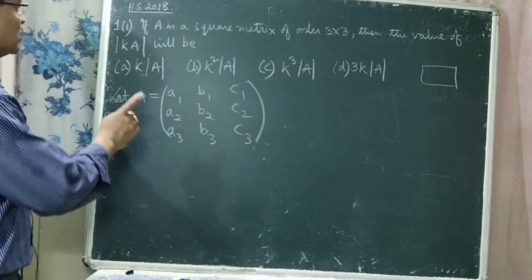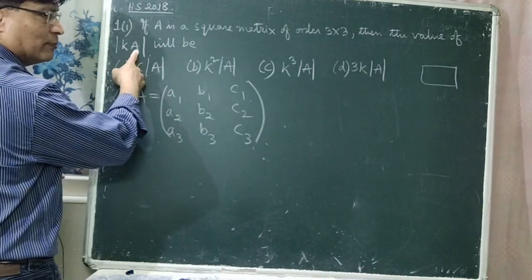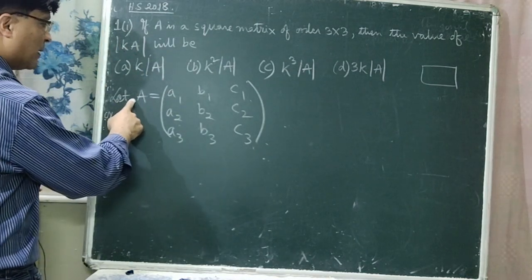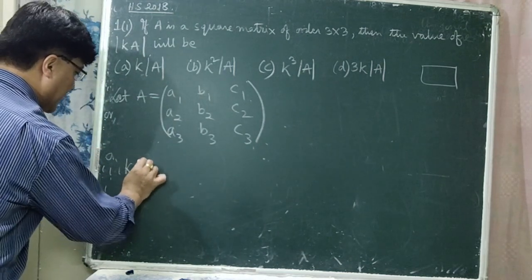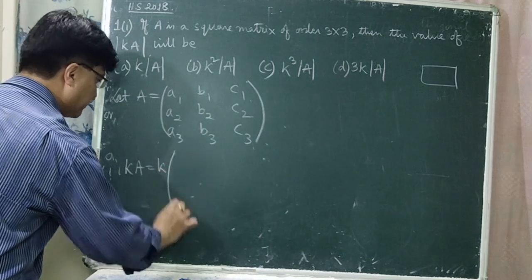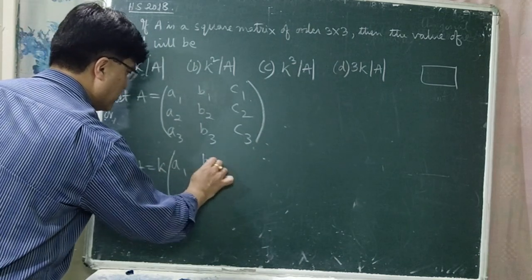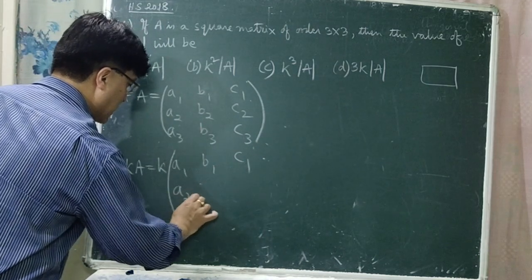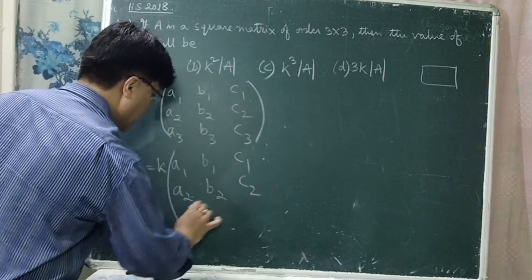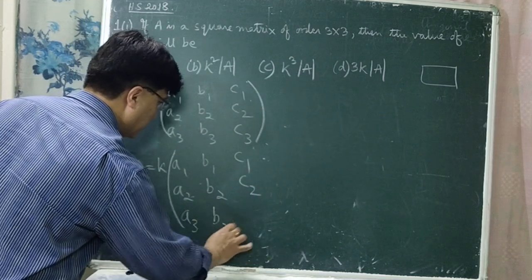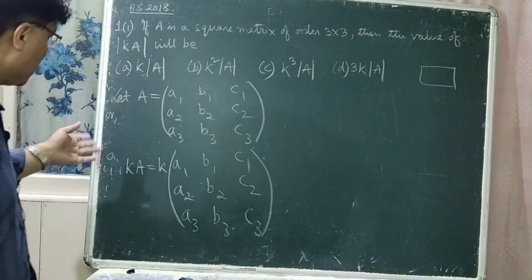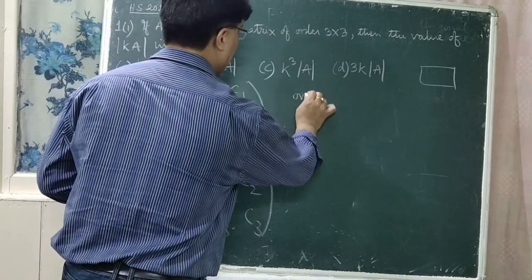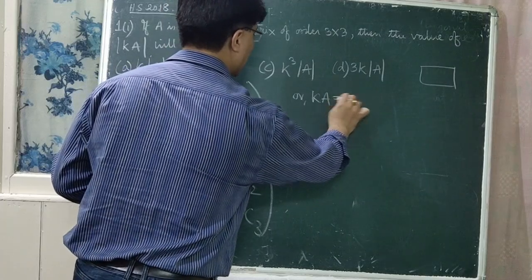Now, since you have to find out k into matrix A, let us multiply both sides by a constant k. That is, this is kA is equal to k times the matrix a1, b1, c1, a2, b2, c2, a3, b3, c3. Is that clear?